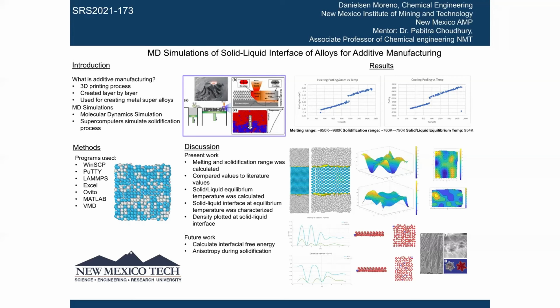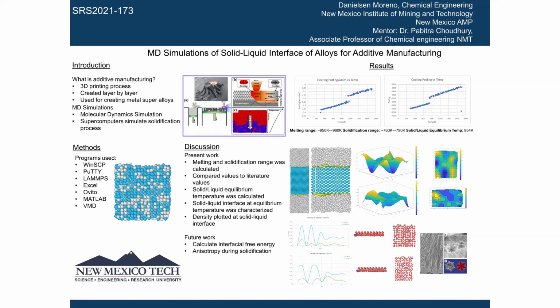And the thing about metals melting is that the melting range essentially doesn't happen at one temperature. It happens at a range. And so I found what that range was. You can see in the top two graphs on the top right, essentially, I have the temperatures on the bottom, and I plotted the potential energy, which basically shows that at lower temperatures, you have the first set of dots, and that essentially shows that it's in solid state.